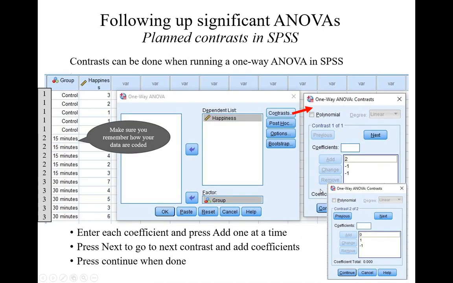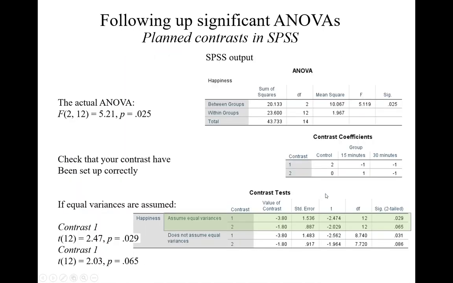I don't actually have those numbers here, do I? So you do have to make sure you look at your table. We did look at the figure, or the table with your descriptives, to make sure you know which group has higher happiness scores or lower happiness scores.